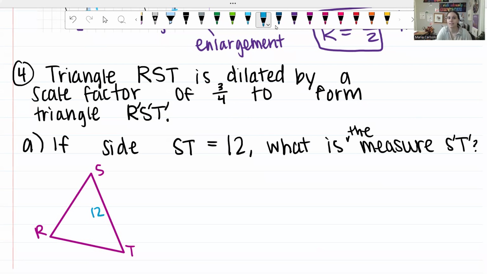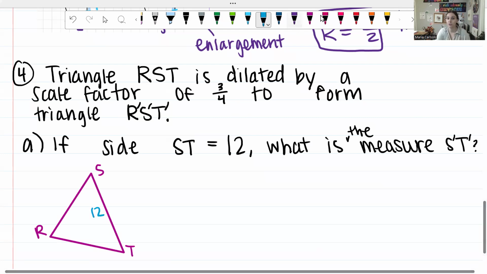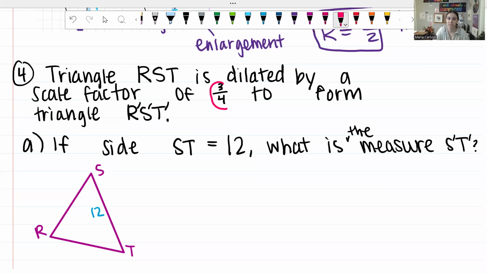Now this is dilated by a scale factor of 3/4. So this is K. K is 3/4, which means that this is going to be a reduction or a contraction.